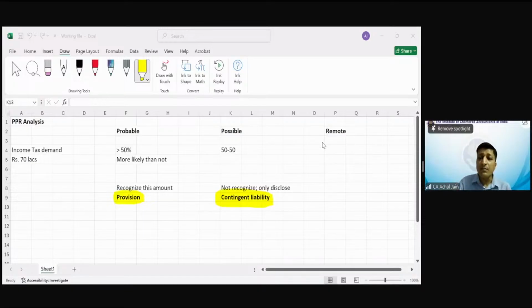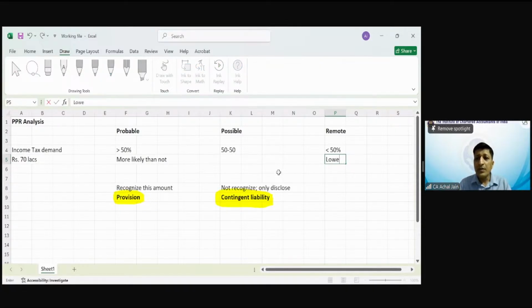See, remote is something wherein you will say the chances of occurrence of an event are low. Okay, yeah.